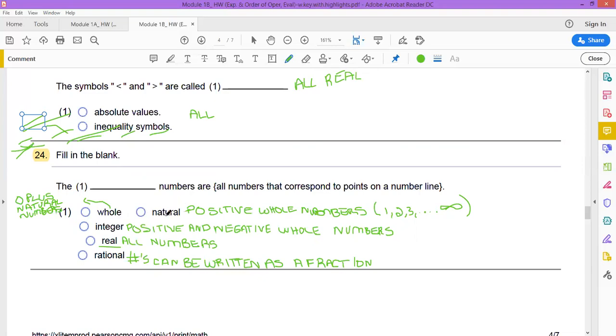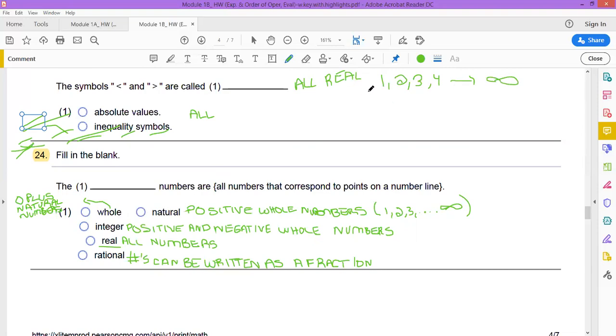We normally start out learning our numbers when we're learning to count. As we're little babies, we learn to count 1, 2, 3, 4, 5, 6, 7, 8, 9, 10, all the way up to infinity. Those are called natural numbers. So positive numbers beginning with 1 all the way to infinity are called natural numbers.